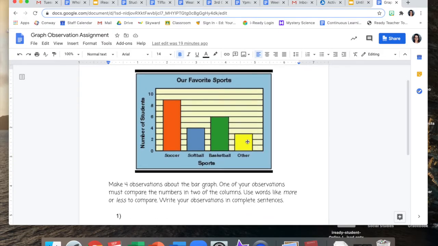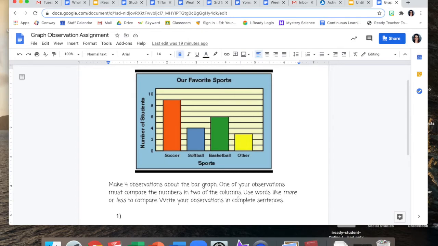So let's take a look at your assignment. Here's the graph that you're going to look at. Be very careful. This graph only has the numbers 2, 4, 6, 8, 10, but do you see how it has lines in between? So the lines count 1, 2, 3, 4.